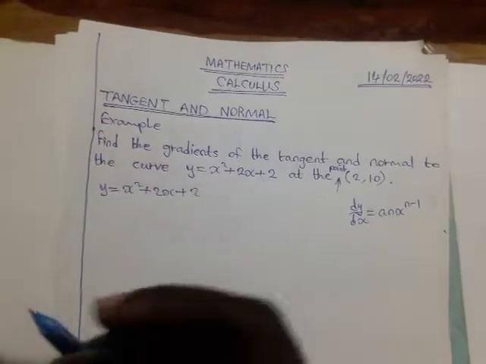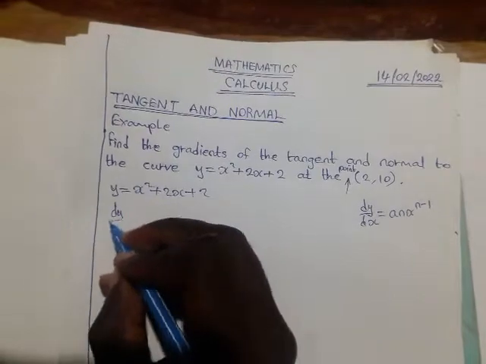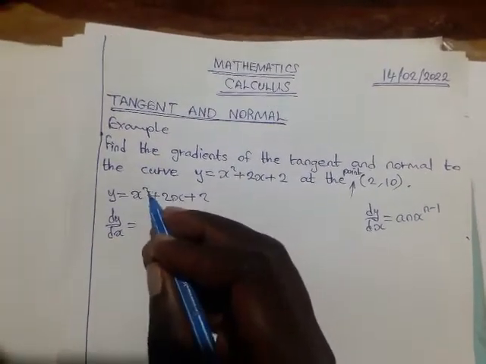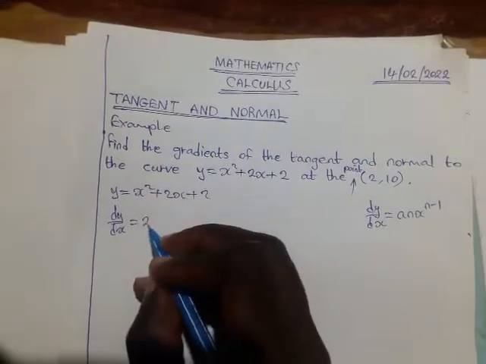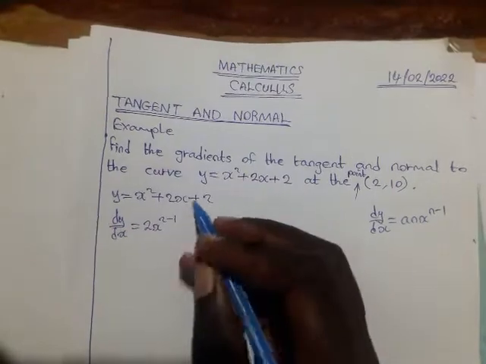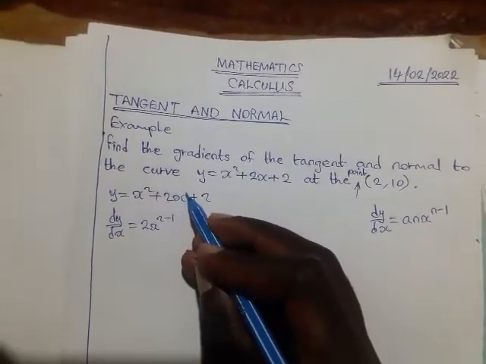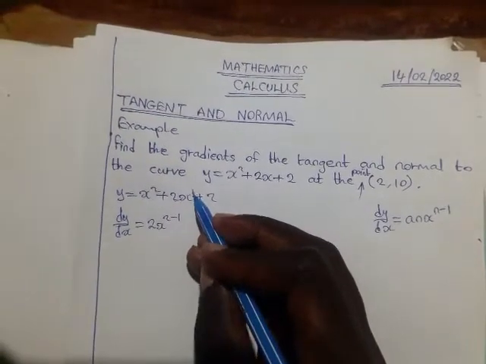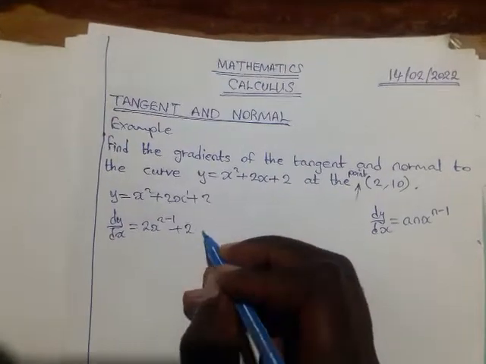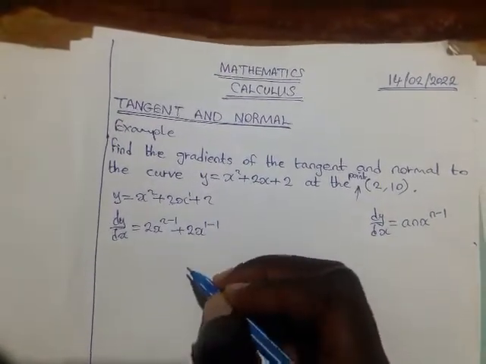So this one will be dy over dx, which is equal to 2 times x, which is 2x, then 2 minus 1. Then coefficient of x here it's 2, and the power is 1, though it is invisible. So 1 times 2 will be 2x, then 1 minus 1.